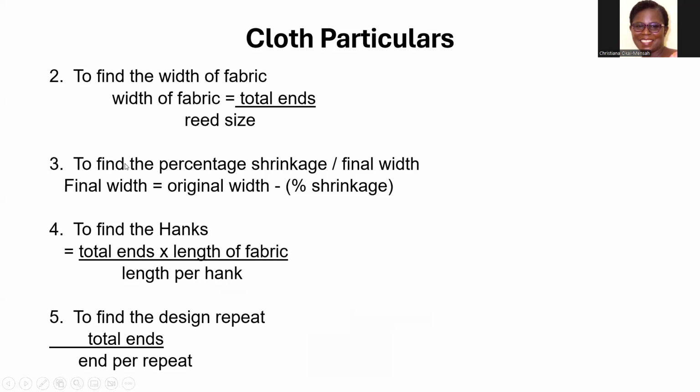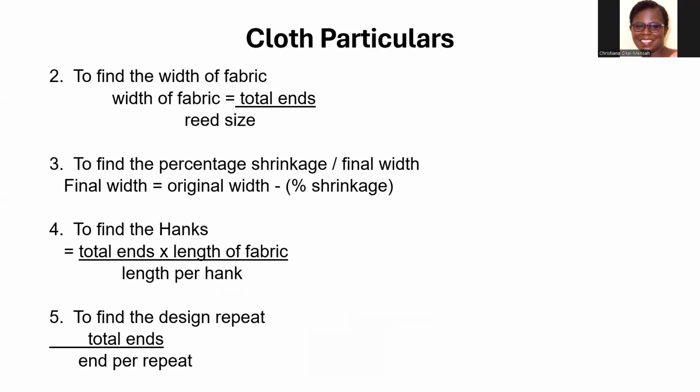Okay, so to find the percentage of shrinkage or the final width of the fabric: after weaving, when you put the fabric down and it relaxes, the fabric will shrink. So when you're weaving, you're supposed to take all these into consideration, including the width of the fabric. At times you allow maybe 5% shrinkage, so if the fabric should be 36, you add 5%.